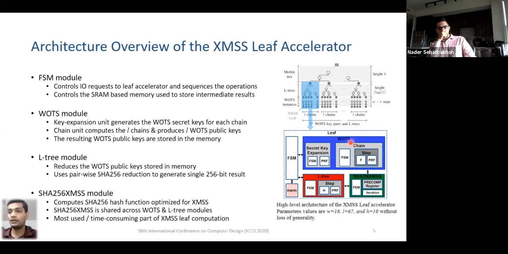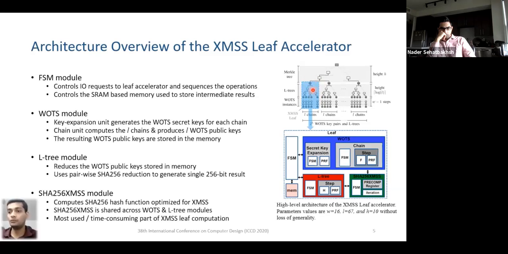The WOTS module highlighted in blue has a key expansion unit. This unit generates the WOTS secret keys that are inputs to the chains. The chain unit sequences the computation of the chains and produces the WOTS public keys, which are stored in the memory. The L tree module reads the WOTS public keys and generates a single 256-bit result, which is the output of the XMSS Leaf module.